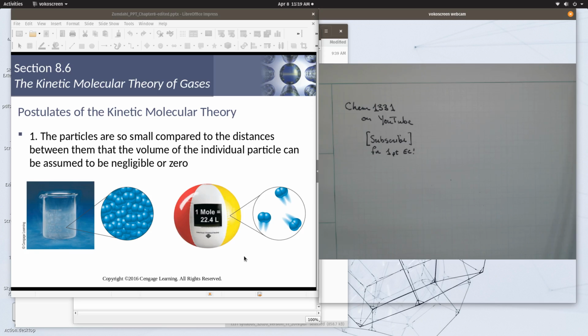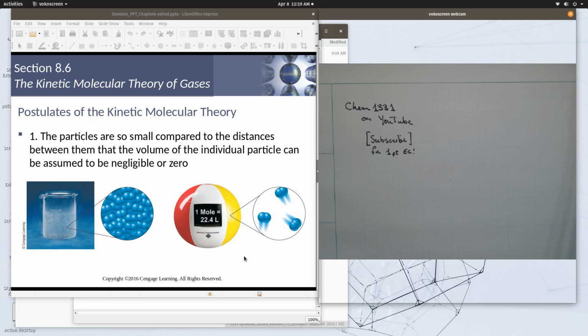In order to make headway with this, we need to abandon a few of the statements that I mentioned earlier. First of all, we're going to assume that the size of a molecule or an atom is really, really small compared to the volume that it occupies for a gas molecule. We can calculate, if we want, the average space and the average distance between atoms in a gas, and it's rather straightforward to do that.